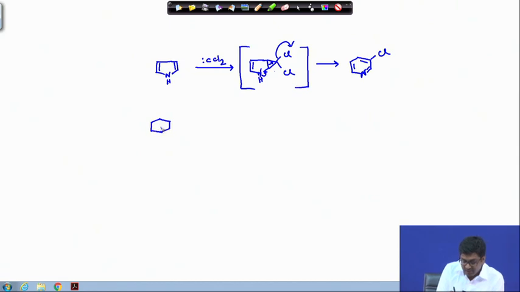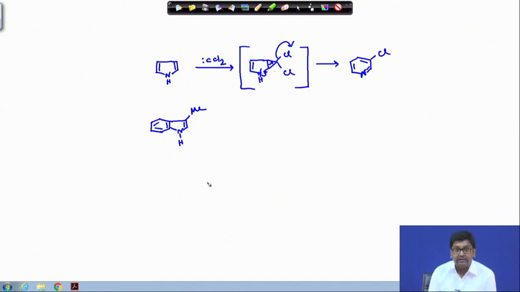Similarly, another heterocycle, that is called indole, that also can react with the carbene moiety to provide its ring expanded heterocyclic moiety, that is called quinoline moiety.